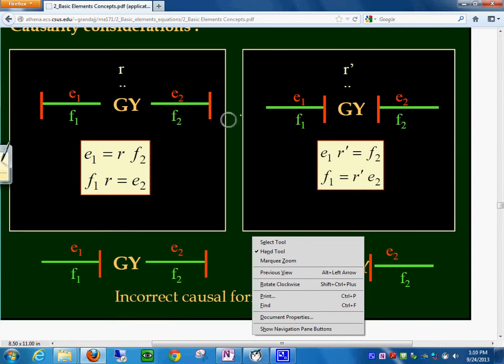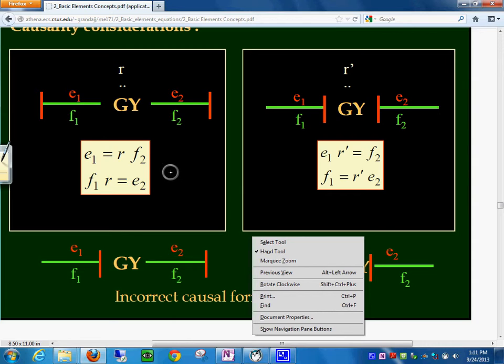And then you have E1 times R prime equals F2, or F1 is equal to E2 times R prime, as you can see here. So this is the way the gyrator elements are written in equation form.